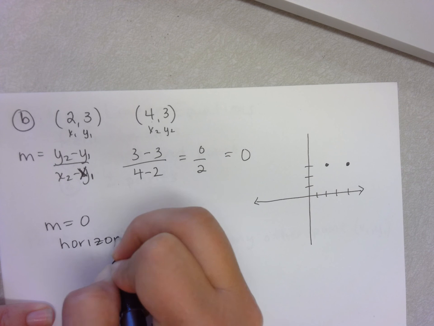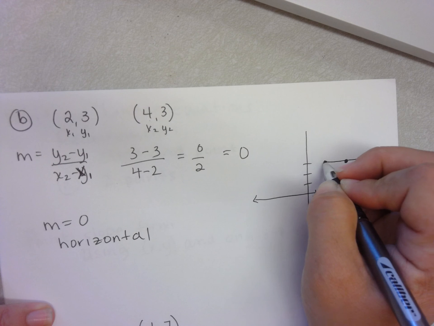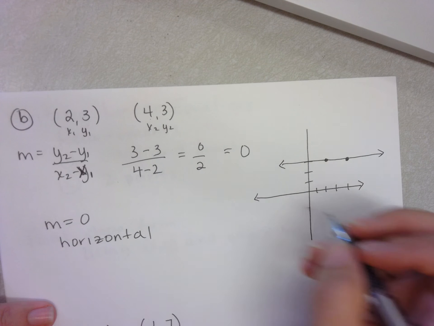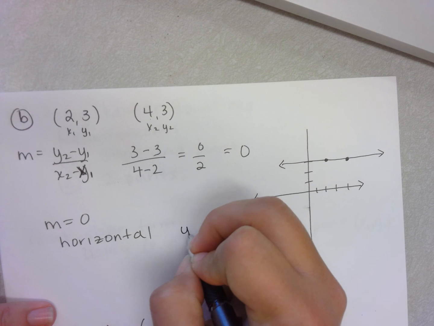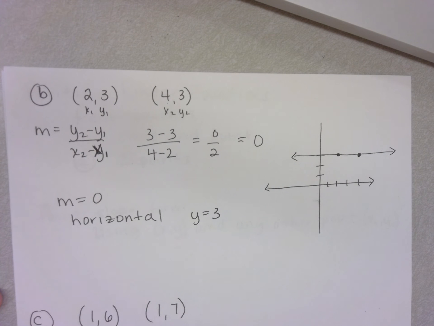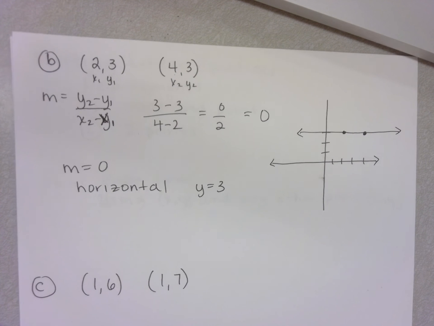If I connect these 2 points with a line, it's going to be flat. So the equation of this line just means that y will always be 3. So this is an equation of a horizontal line. When I have 0 slope, my m just disappears because it's 0, right?